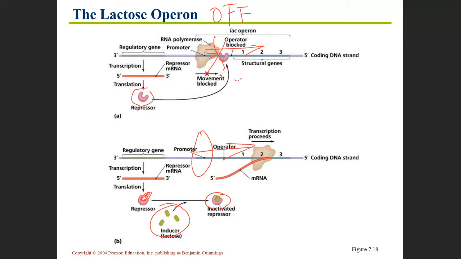So again, this is a feedback mechanism in that what the gene is going to be acting on is what's going to activate the gene. So in the presence of lactose, lactose is the inducer. It's going to bind to the repressor and allow for transcription.